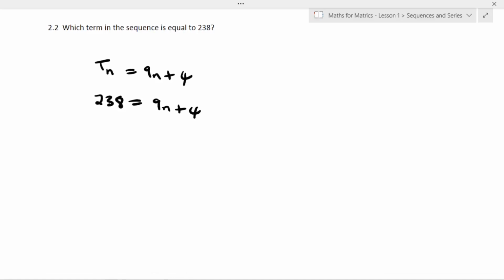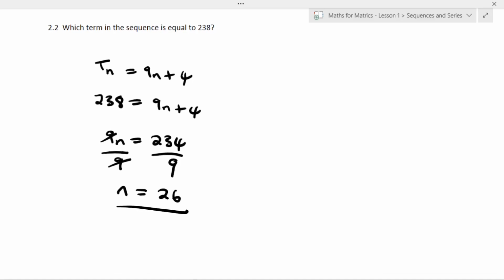If we subtract 4 from both sides of the equation, we have 9n is equal to 234. Now we can divide both sides by 9. These two 9s cancel each other. 234 divided by 9 is equal to 26. Therefore, n is equal to 26.